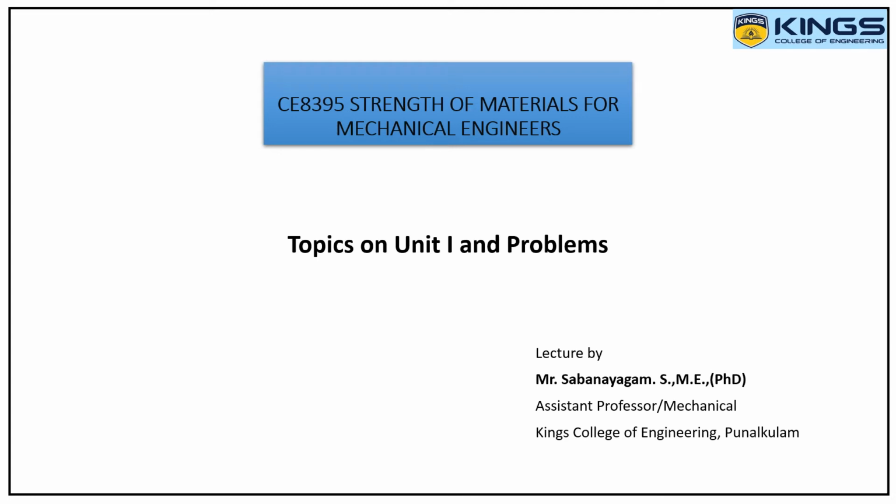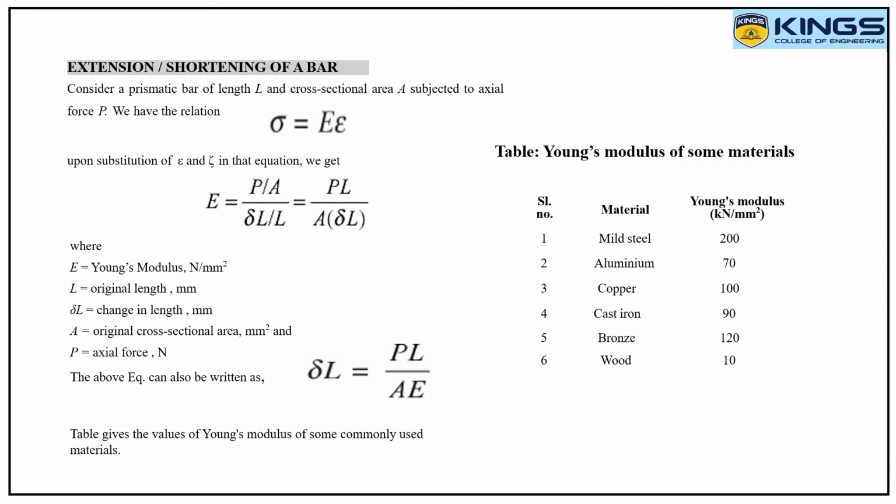Hello everyone. In this session, we are going to see about the parameters left in Unit 1, stress, strain and deformation of solids, and then a problem. So, extension or shortening of a bar.